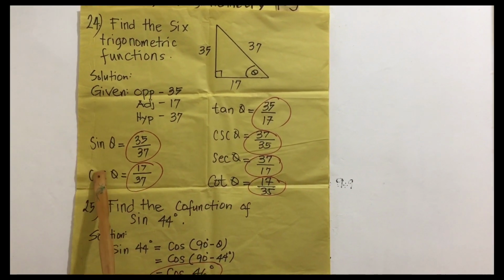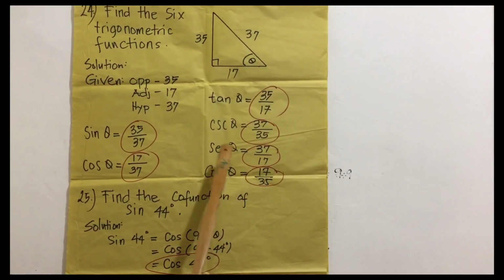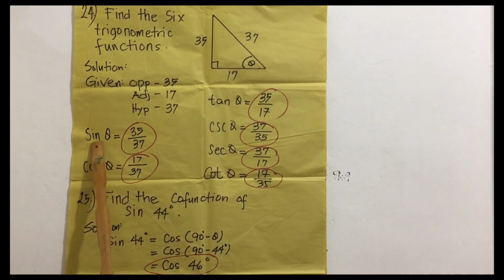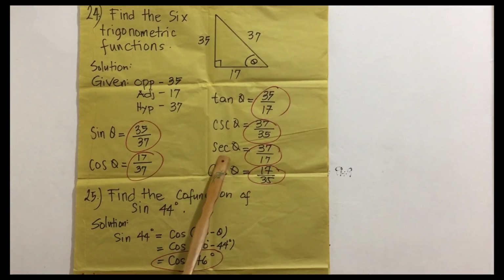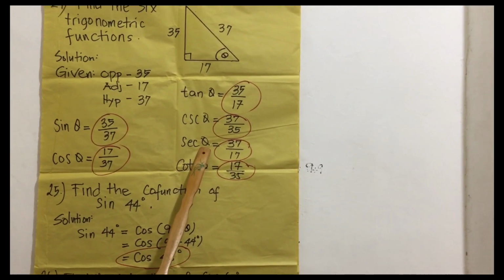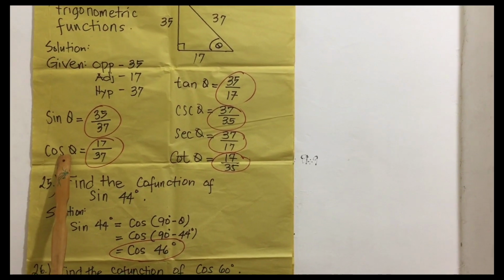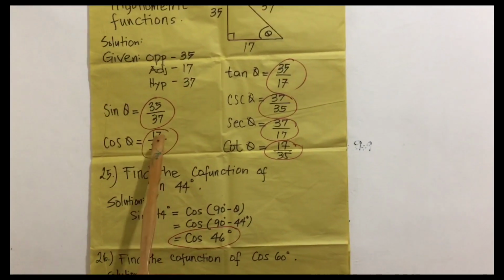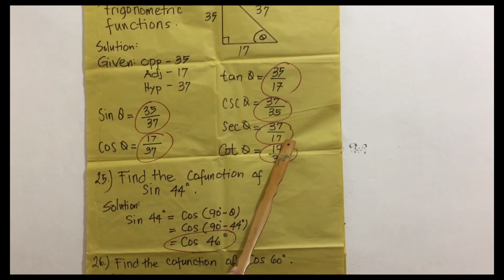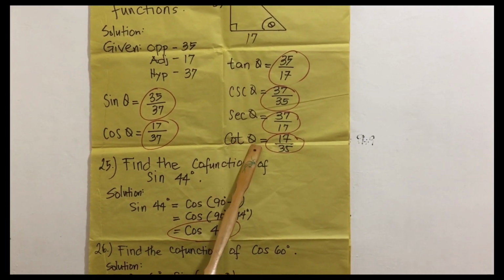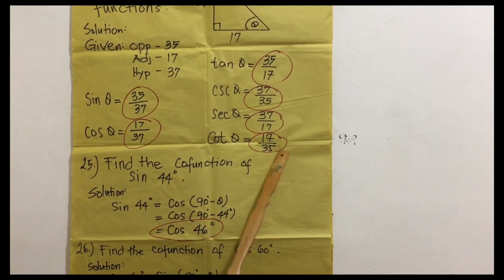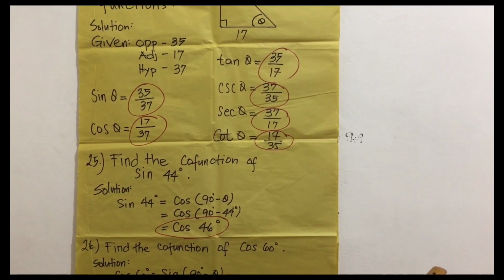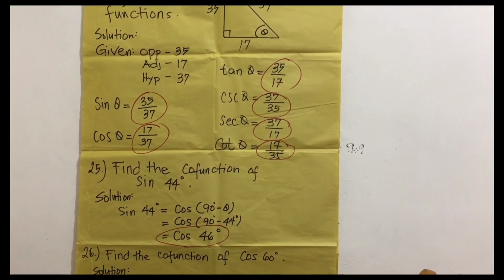Since we know this sine, cos, and tangent theta, the cosecant is the reverse of sine theta. We have 37 and 35. And for the secant theta, the reverse of cos theta, we have 17 and 37, and the reverse is 37 and 17. And for the cotangent theta, the reverse of tangent theta is 17 and 35. So that's how to get the 6 trigonometric functions.